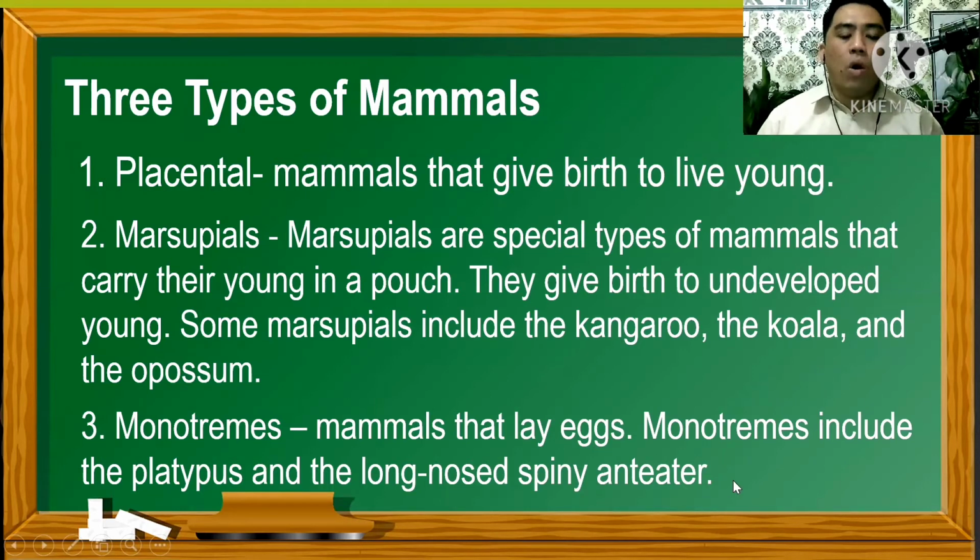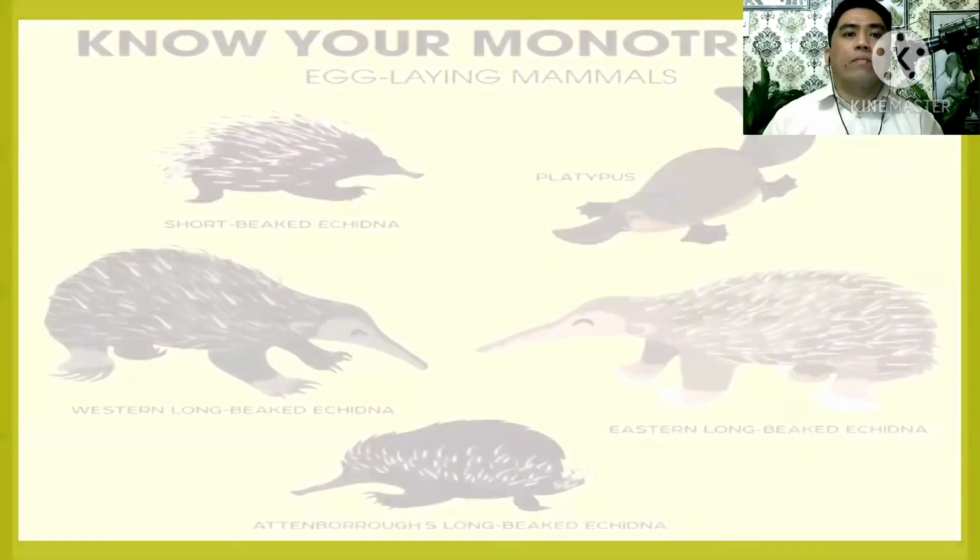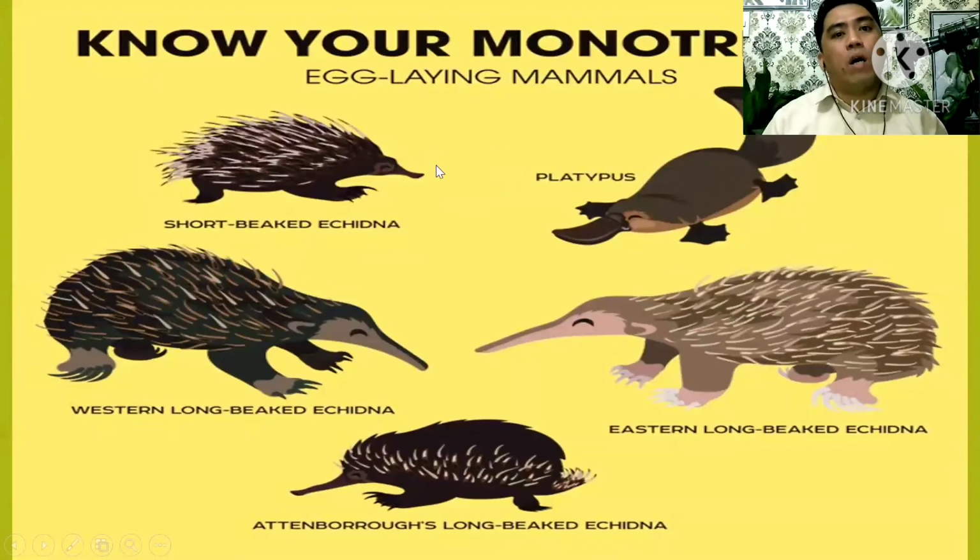Okay. So most of the monotremes are found in Australia and some part of New Zealand. Kung hindi ako nagkakamali. Okay. But most of them are found in Australia. Okay, so here are examples of mammals that lay eggs and they are called the monotremes. Yan, sila.